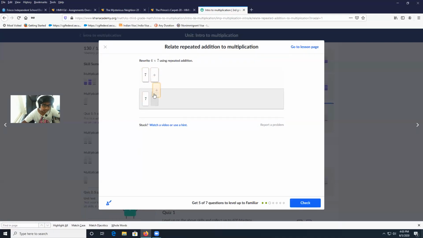There are 2 7s, so I need to add a few more. This is 3, I have to add 1 more. And this is repeated addition. It can't be like 7, 8, 7, 8. It is repeating itself sometimes, but it won't work because it's not repeating the same number for the whole expression. Now let's check it, and you can see it's correct.